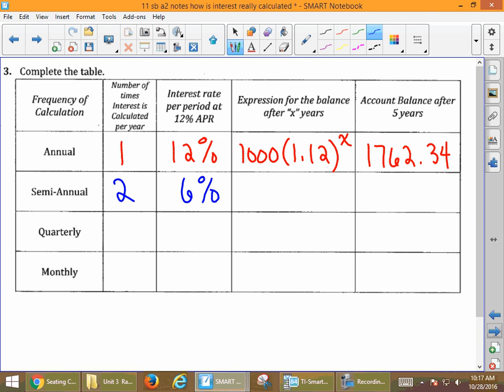And the formula that we used is 1,000 times 1.06 to the x. And when we calculated it for the 5 years, we ended up with $1,790.85.